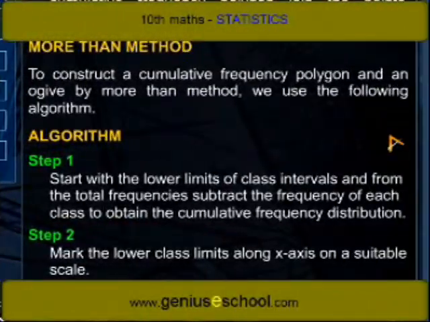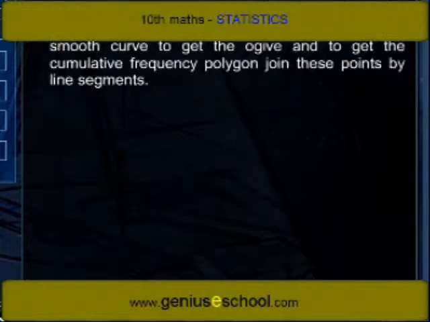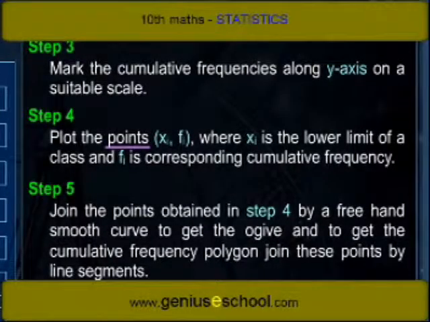Step 1. Start with the lower limits of class intervals and from the total frequencies subtract the frequency of each class to obtain the cumulative frequency distribution. Step 2. Mark the lower class limits along the x-axis on a suitable scale. Step 3. Mark the cumulative frequencies along the y-axis on a suitable scale.